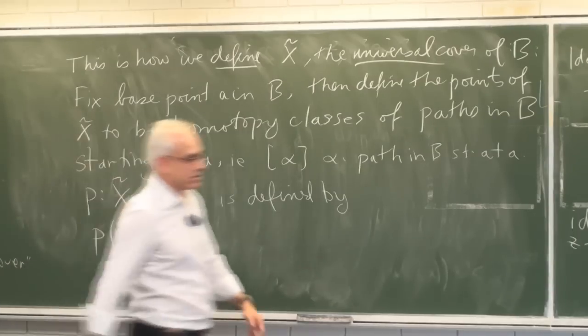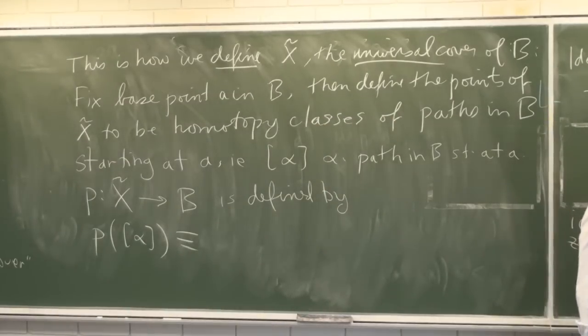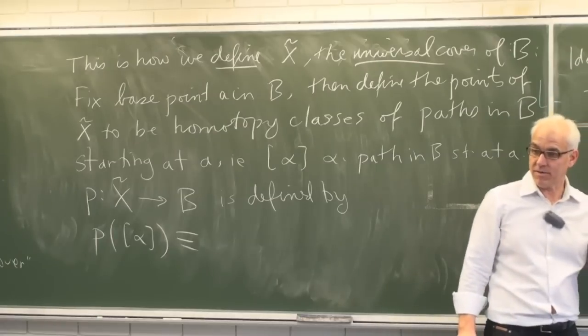We want to associate to this point Z a point down in the base space, a point below it. But you can see from the diagram here that the point below it that we want to consider is going to be the endpoint of the path alpha that we started with.